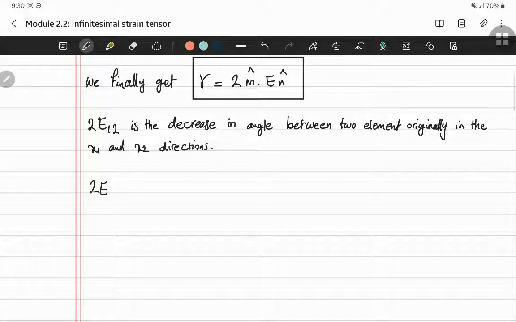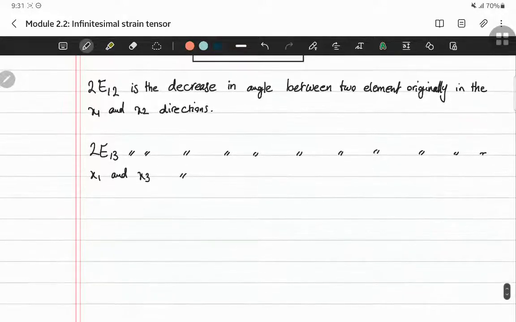Therefore, 2e13 is the decrease in angle between two elements originally in the x1 and x3 directions. So they're perpendicular or orthogonal to each other originally. This is very, very important.